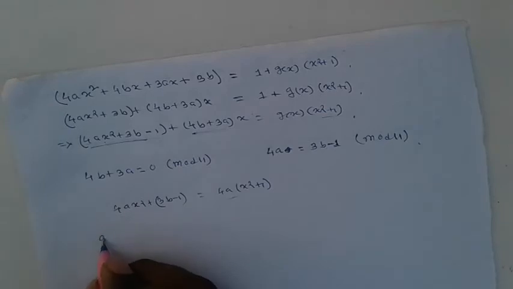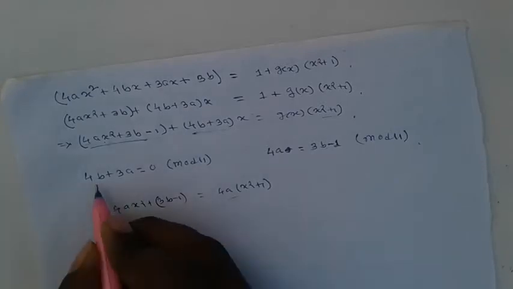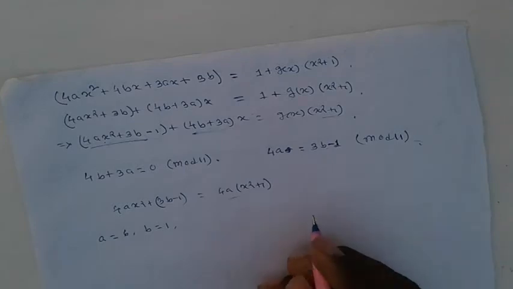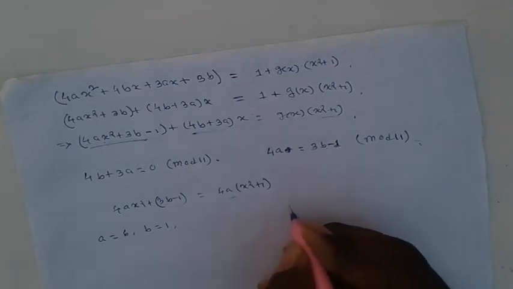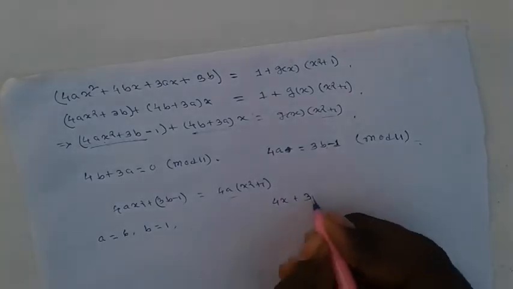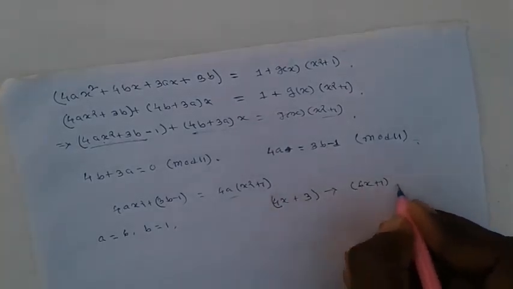Now if we take a equal to 6 and b equal to 1, both conditions are satisfied. So our multiplicative inverse of 4x plus 3 becomes 6x plus 1.